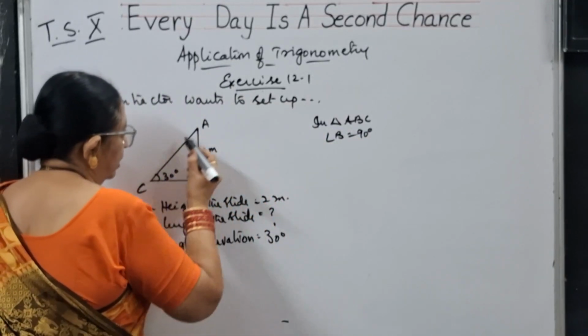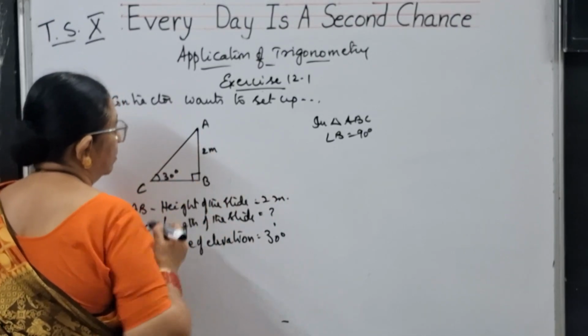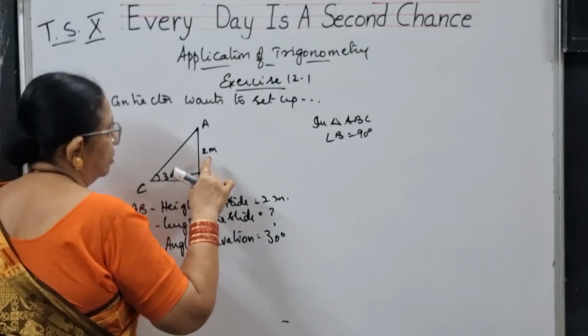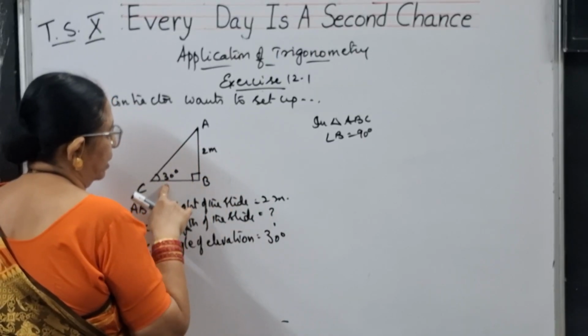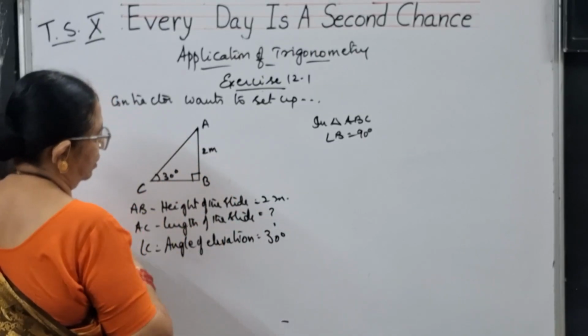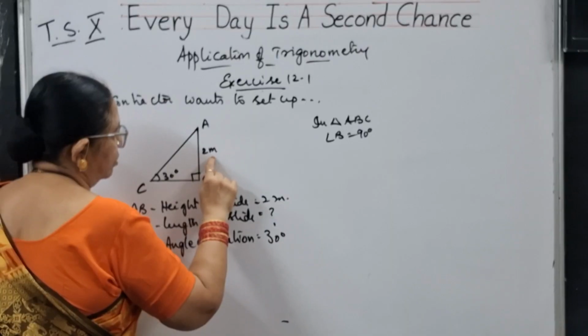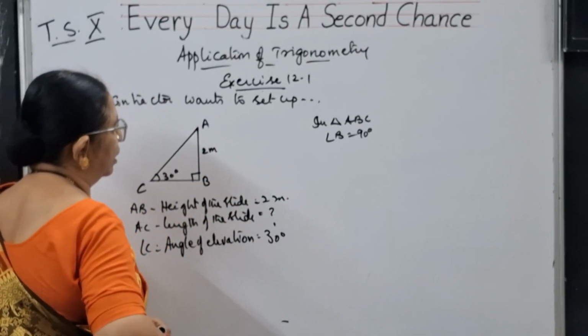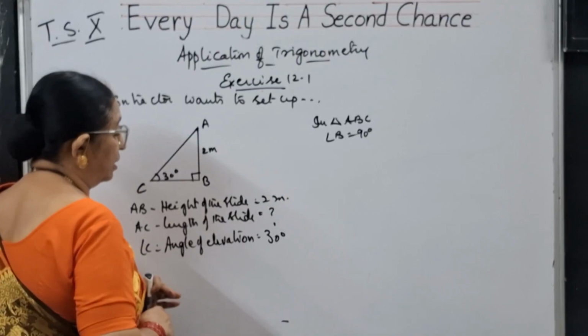Now we want the length of the slide, children. We want AC. How will you find out AC? For this 30 degrees, AB is the opposite side and AC is the hypotenuse. Opposite side and hypotenuse make sine theta.